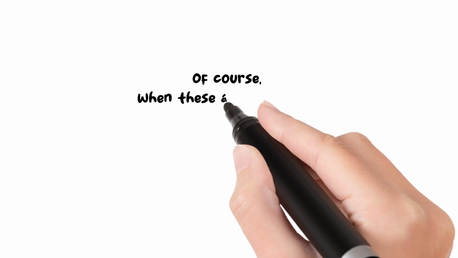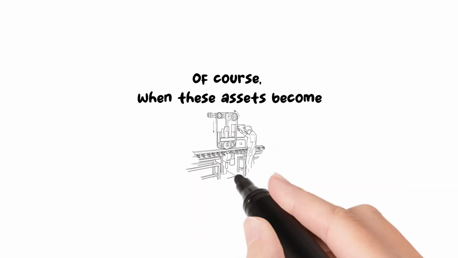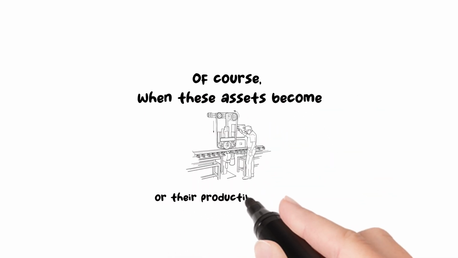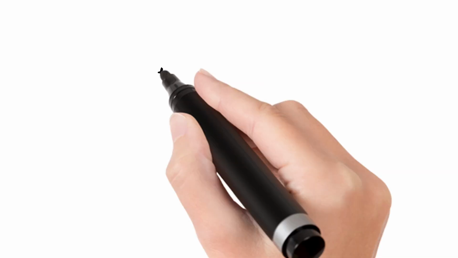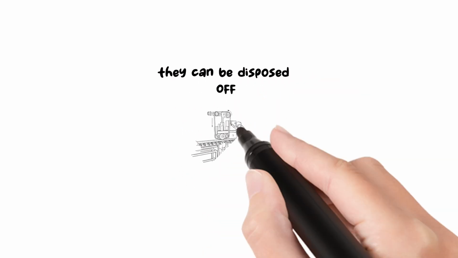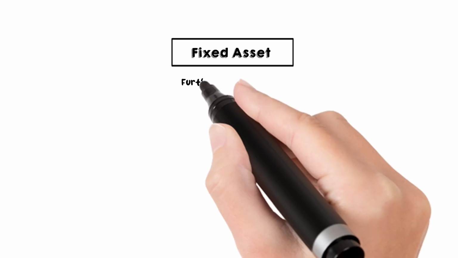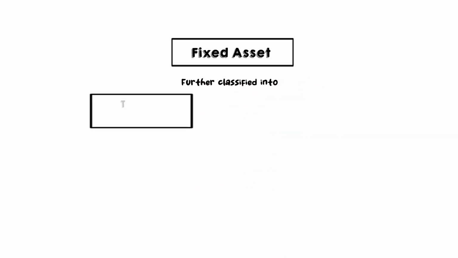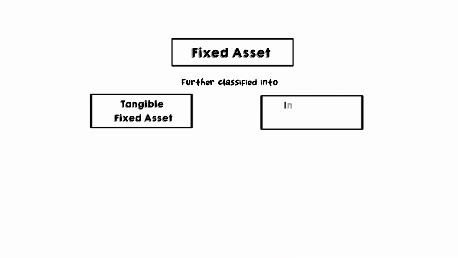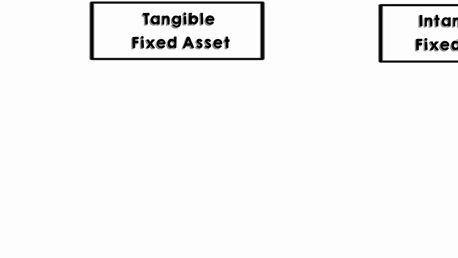Of course, when these assets become old or unusable, or their productivity reduces drastically, they can be disposed of and replaced with new assets. Fixed assets are further classified into tangible fixed assets and intangible fixed assets.